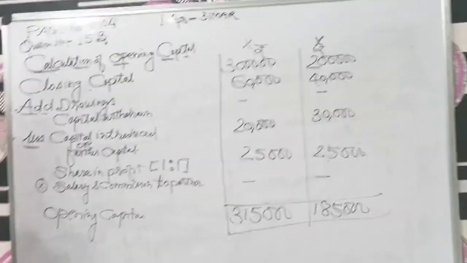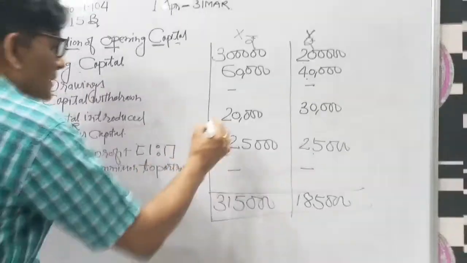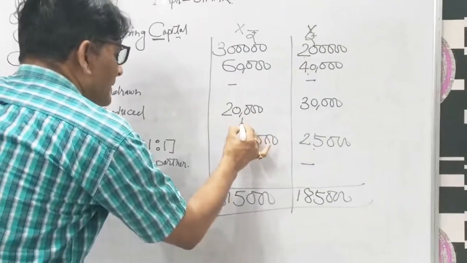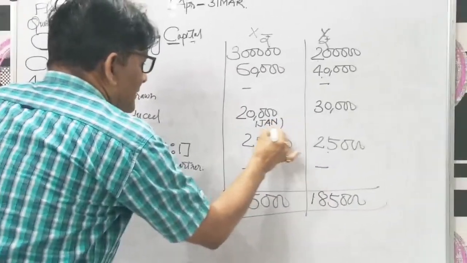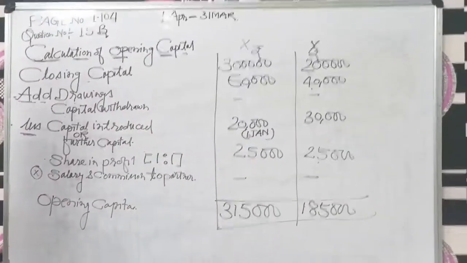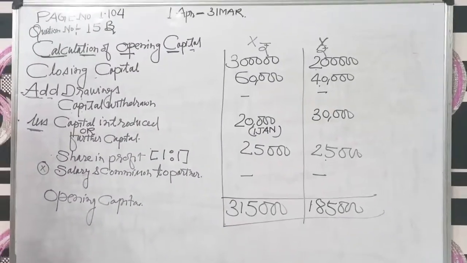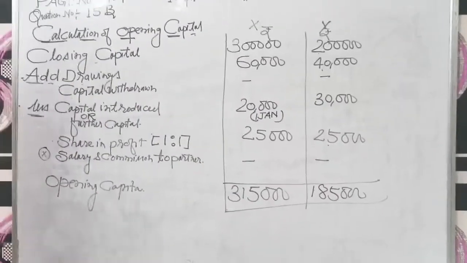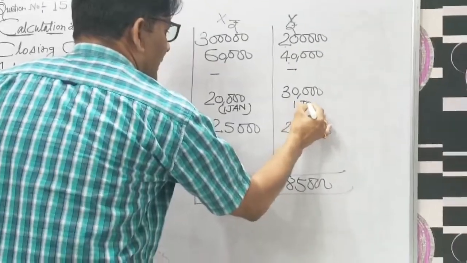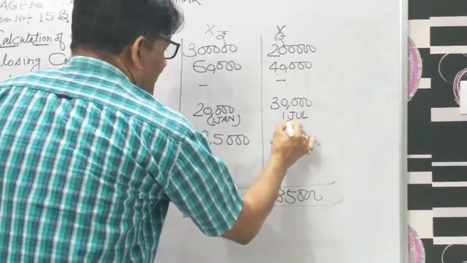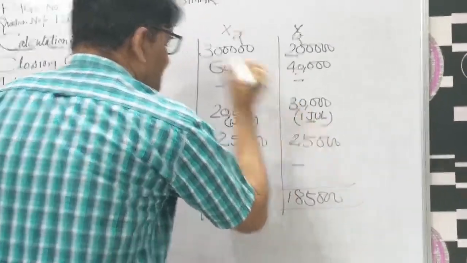X introduced 20,000 on 1st January. So you can write here: 1st January, X introduced the further capital, and on 1st July, Y introduced the further capital.